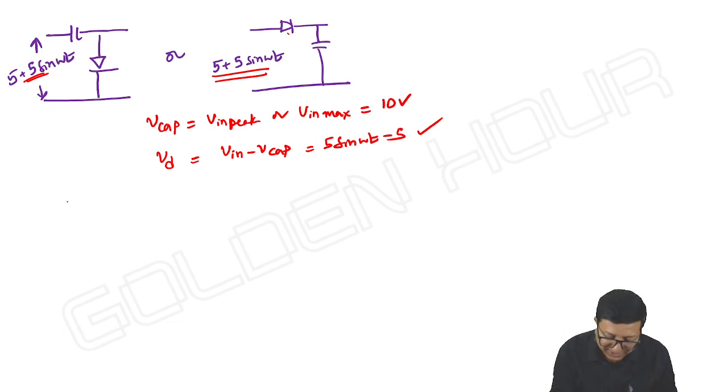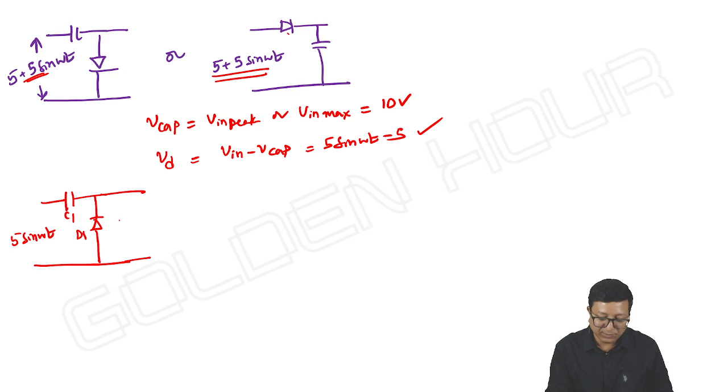So let us take a positive clamper. Let me take C1 and D1. Input is 5 sin omega t. Then what do we get here? Let me take it as VO1. It is equal to 5 plus 5 sin omega t.